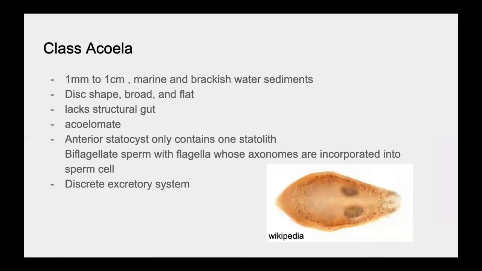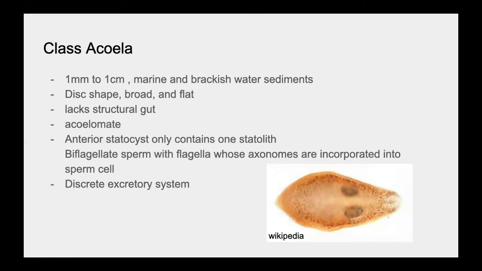Next is the class Acelia. This one is 1 millimeter up to 1 centimeter long, no longer than that. These are found in marine or brackish water, and they are sediment or surface dwelling worms. This class lacks a distinct internal body cavity, and they also lack a structural gut, and instead possess a multinucleated mass that phagocytizes ingested food particles.